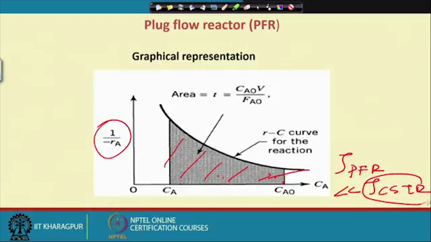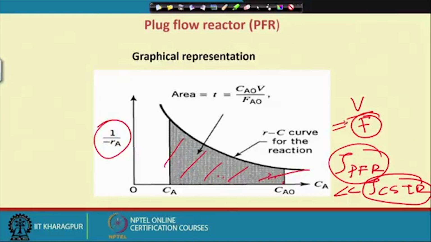So naturally, if the tau is less, then this is equal to what? V by F. The F is more or less constant in the particular continuous system. So if you want to produce a definite amount of product, the volume of the reactor is directly proportional to the space time of the plug flow reactor. So as it decreases, your volume of the reactor will be less.